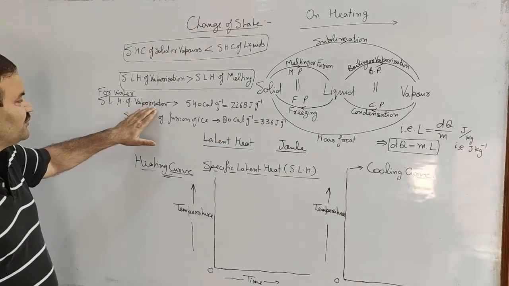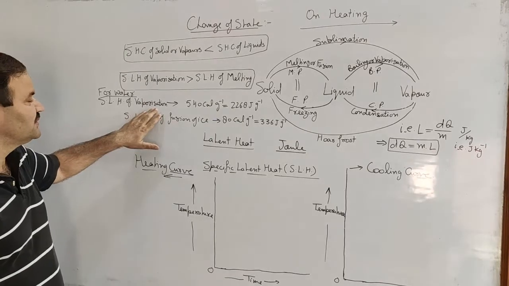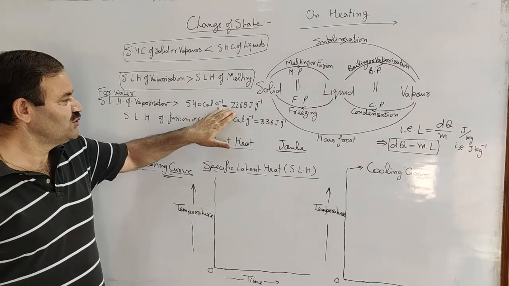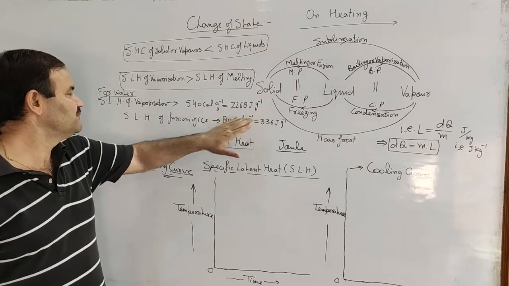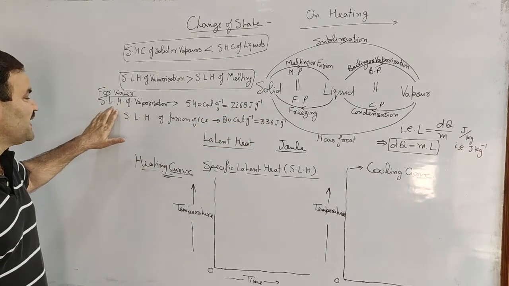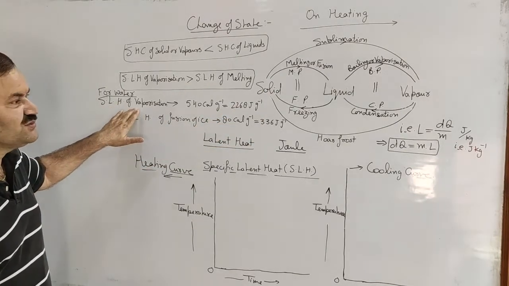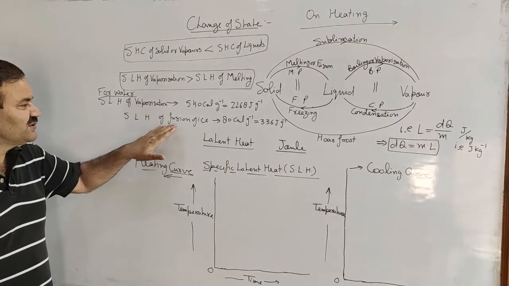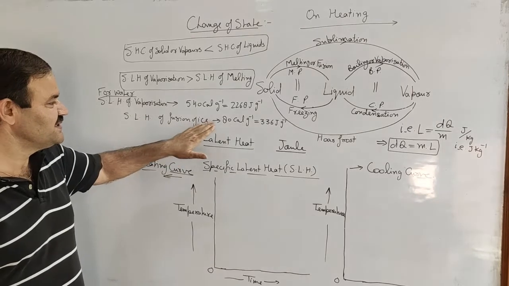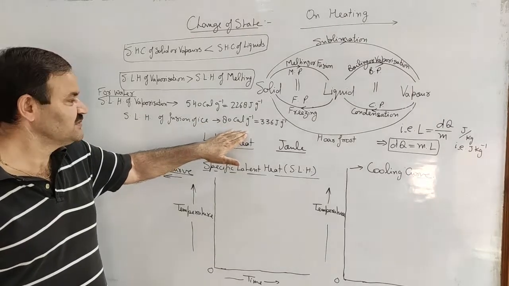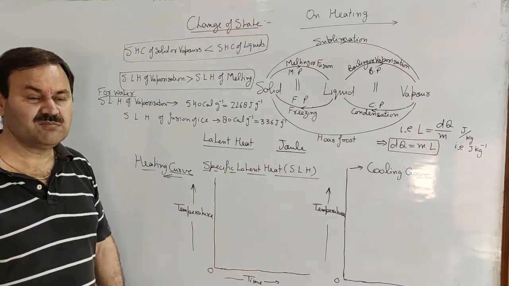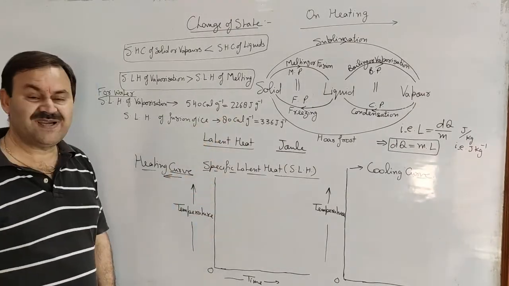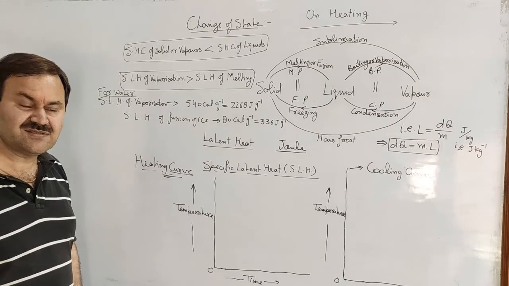Specific latent heat of vaporization of water is 540 calorie per gram or 2268 joule per gram. It will be equal to the specific latent heat of condensation of steam. Also, the specific latent heat of fusion of ice is 80 calorie per gram, that is 336 joule per gram. The specific latent heat of fusion of ice is very large.